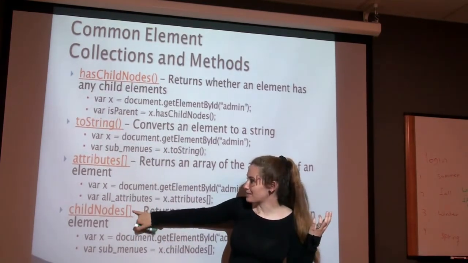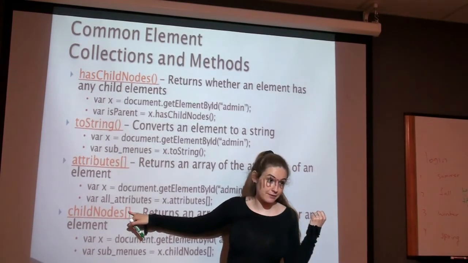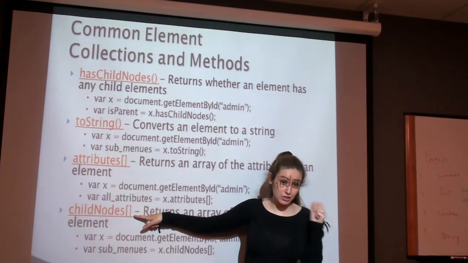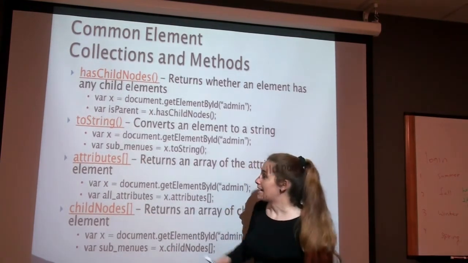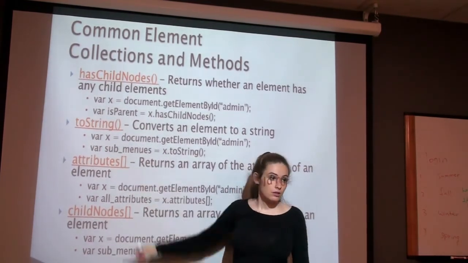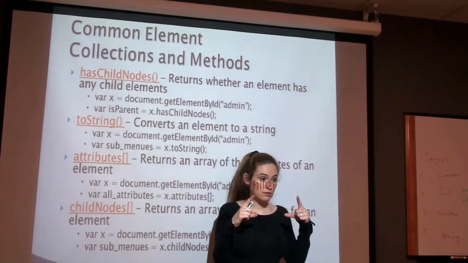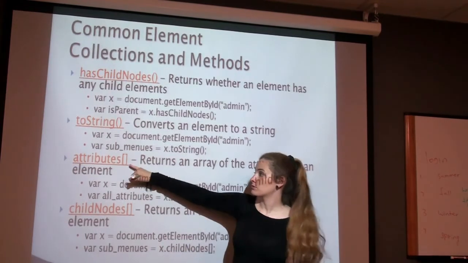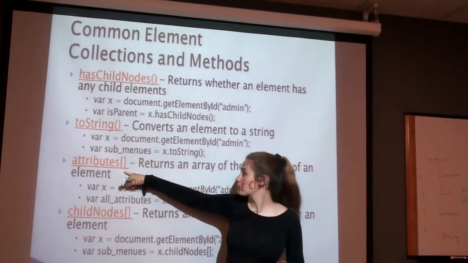And as you can see, there's square brackets after it. That means it's going to get me an array, right? This is going to get me a Boolean, but this one doesn't get me an array. Okay, attributes. Okay, I have my tag, and I want to find out all the attributes. I can get all the attributes.